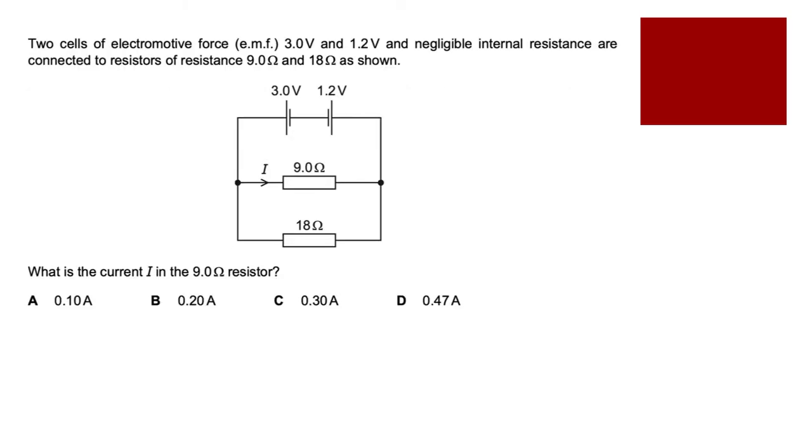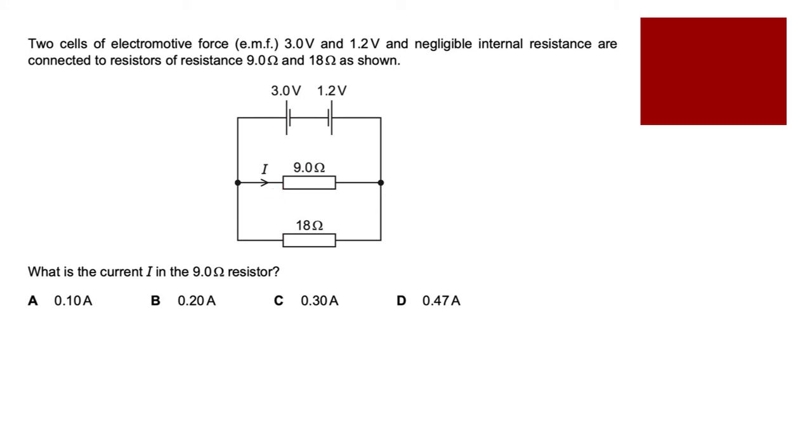Okay, two cells with 3 volts and 1.2 volts with negligible internal resistance are shown in the diagram. And there are two resistors of 9 ohms and 18 ohms, connected in parallel. What is the current in this 9 ohm resistor?